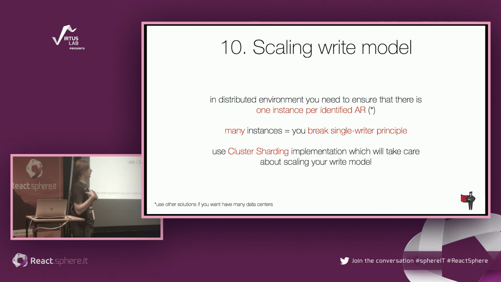So if there is an aggregate root Maciej, there should be only one instance on the servers, even if we have a couple of servers. Because if there is a load balancer on top of the servers and a lot of commands updating Maciej, and there are a couple of instances of the same aggregate root on different machines, each will have a different state in memory, and we will be breaking the single writer principle.